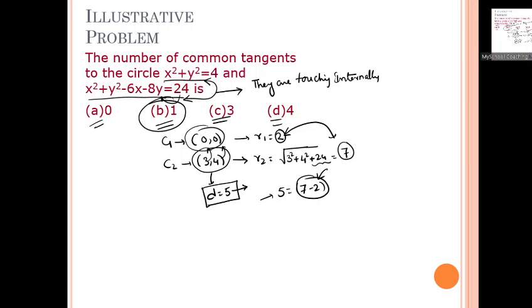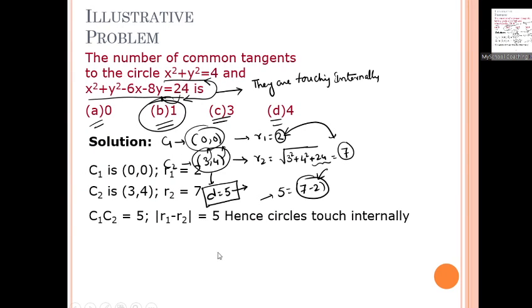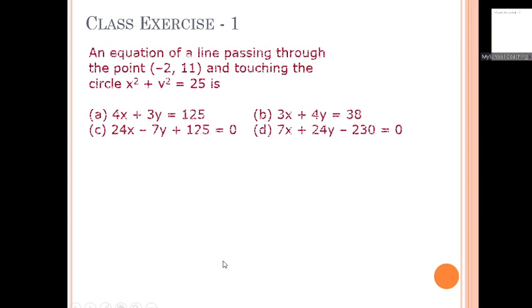Yes, sir. Noted. Okay? Yes, sir. Good. Now let us go to questions. Okay? So first question देखिए.